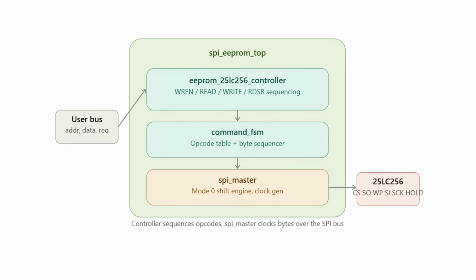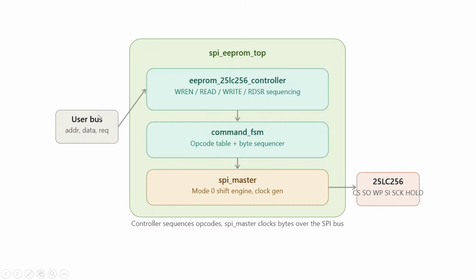Now, this is what we are going to implement in our project. We are going to implement this green shaded part, the SPI EEPROM top, where it is going to have the EEPROM controller, command FSM and SPI master, which is going to communicate with this particular physical chip.